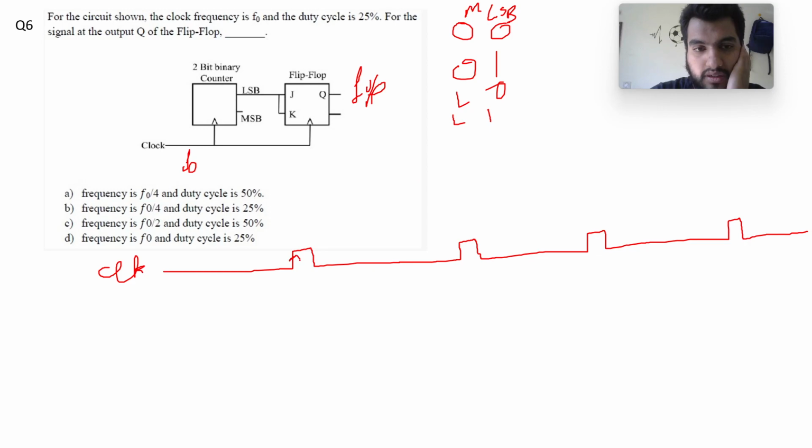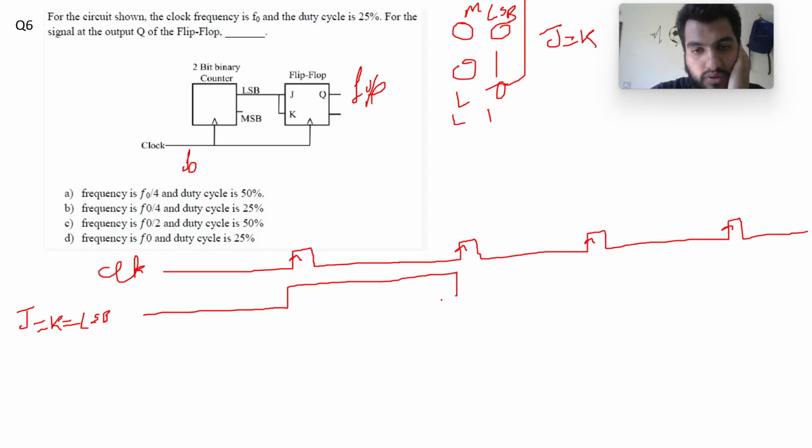At positive edges my LSB is changing 0 1 0 1, which is nothing but my J equal to K. So J equal to K equal to LSB, starting from 0, then it will go to 1, go to 0, go to 1, go to 0, and go to 1 and then 0. So this is 0 1 0 1 0.